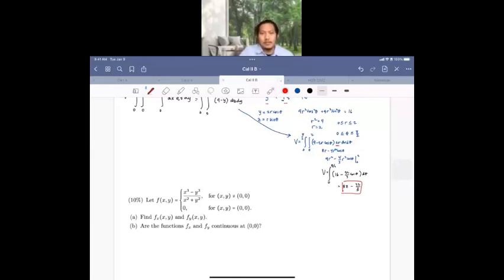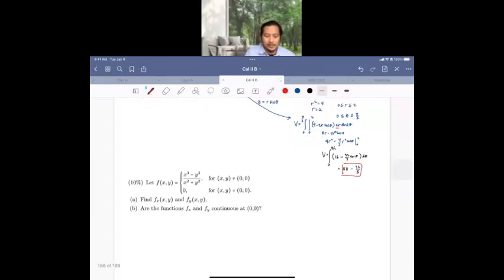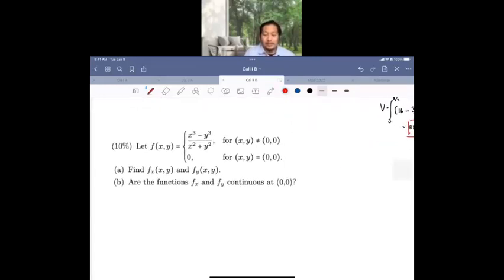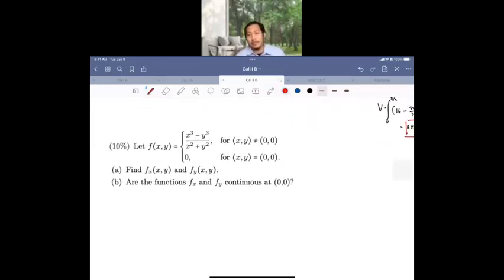Okay, now we have this question here. If you have piecewise defined functions like this f(x, y), we have two definitions. It could be a function that has x cubed minus y cubed, etc., when (x, y) is not (0, 0).